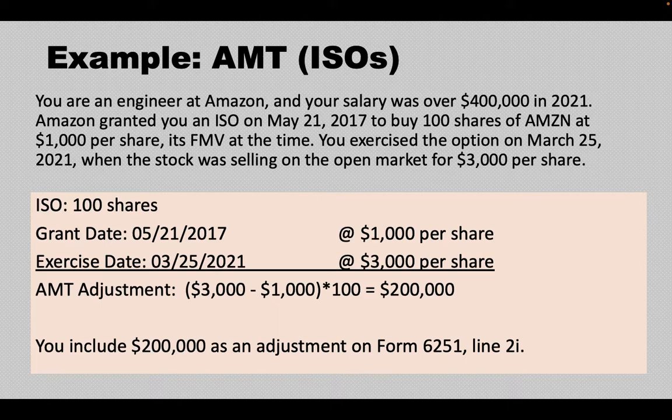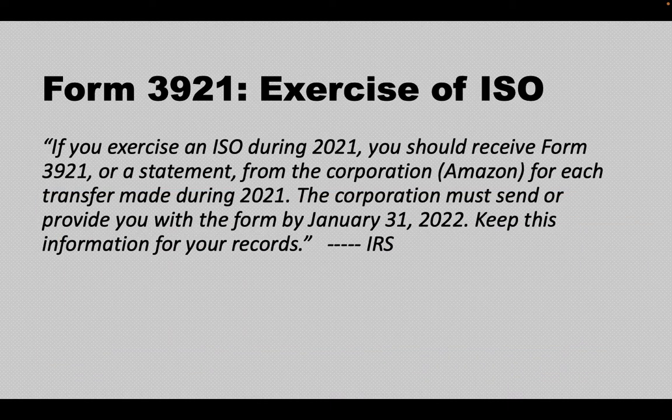you may be wondering: I exercised and bought the stocks, but I didn't recognize the gain because I didn't sell, so how does the government, how does the IRS, know? The IRS says if you exercise an ISO during 2021, you should receive a Form 3921, a statement from the corporation, in this case Amazon, for each transfer made during 2021.